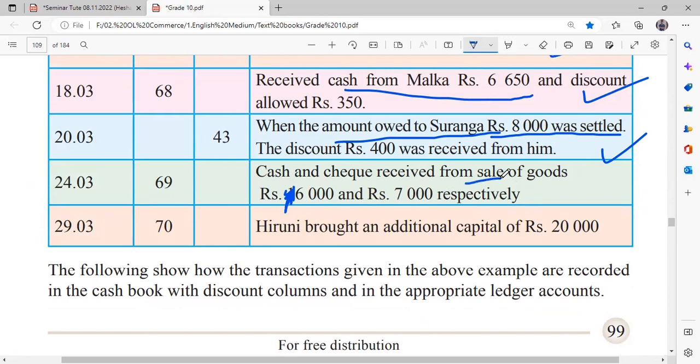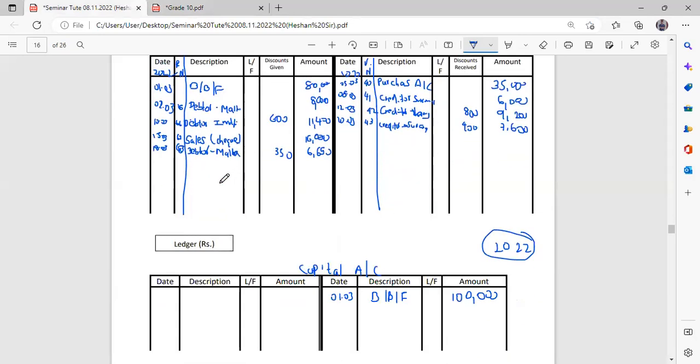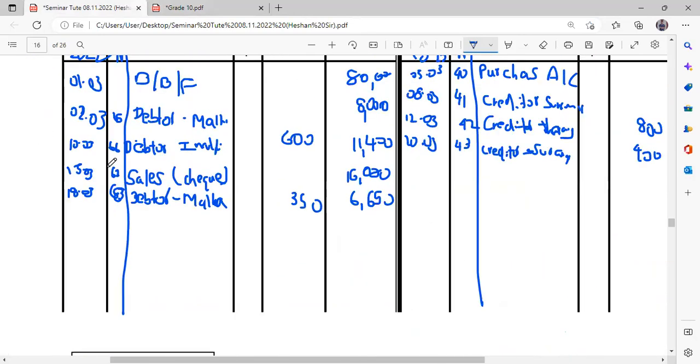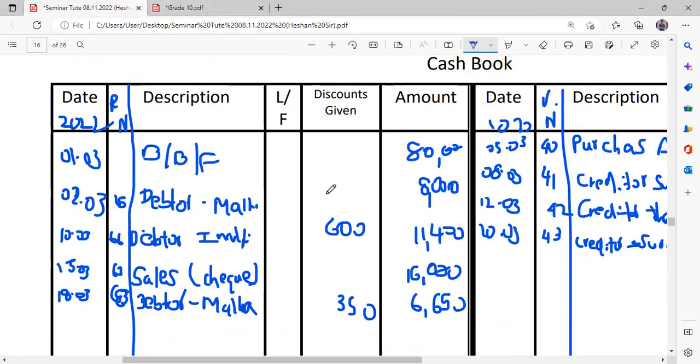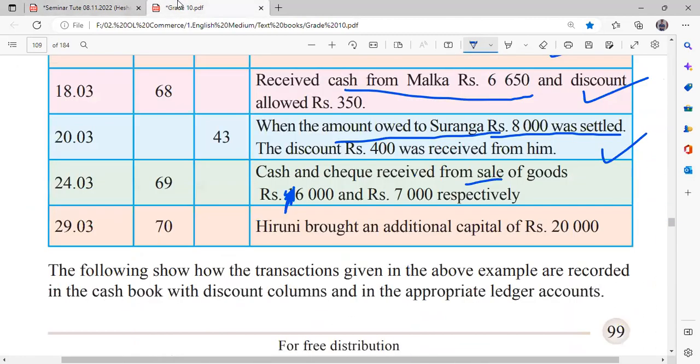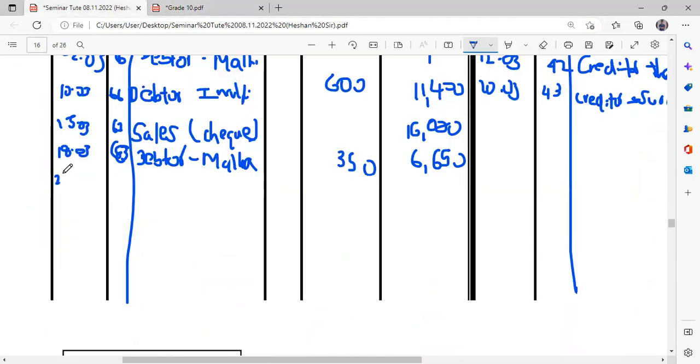Now we did sales. From these sales, we received cash 6,000 and a check 7,000. Even if we receive cash or a check, it's okay. We need to record it in the cash book, and if we receive a check, until we deposit it, we need to record it in the cash book. On March 24th, 69, sales account, right?